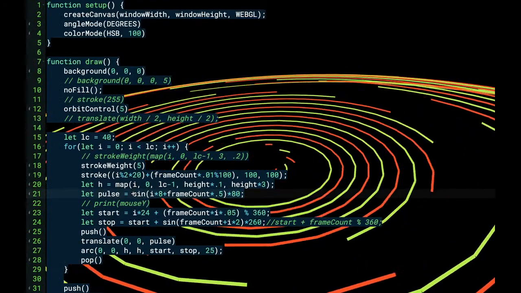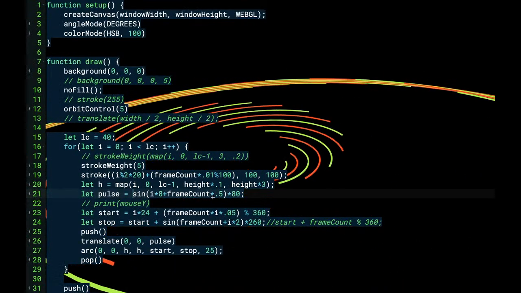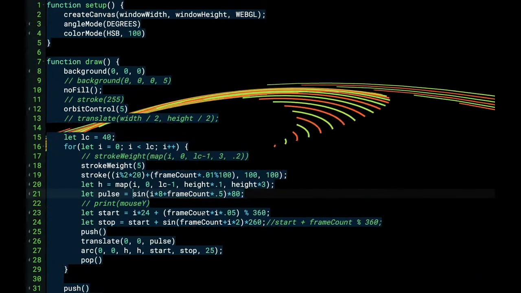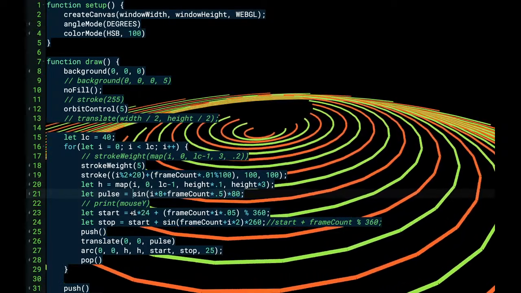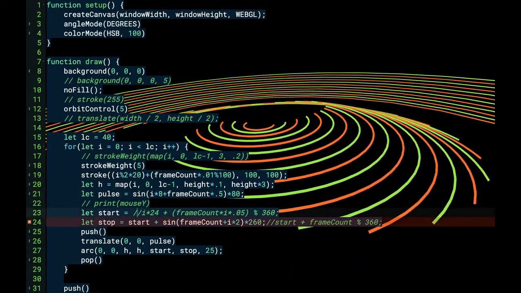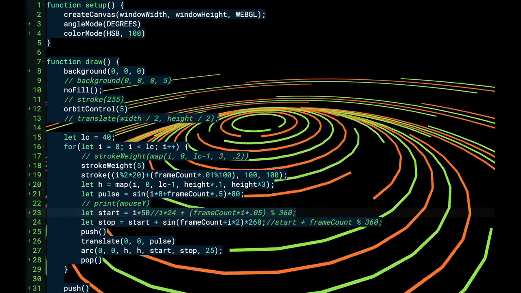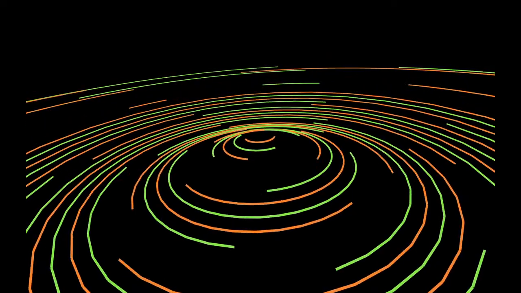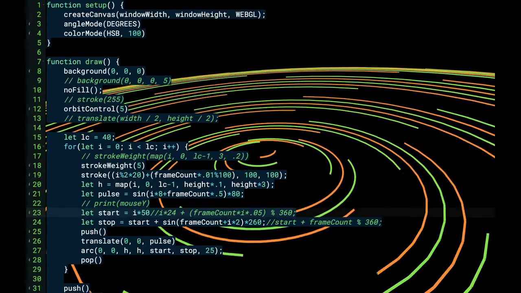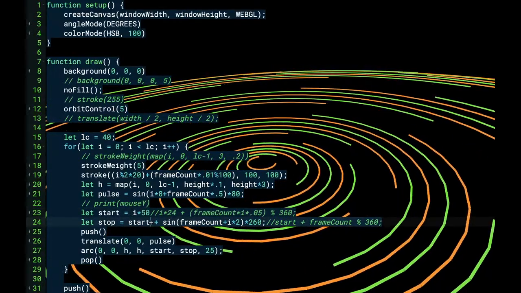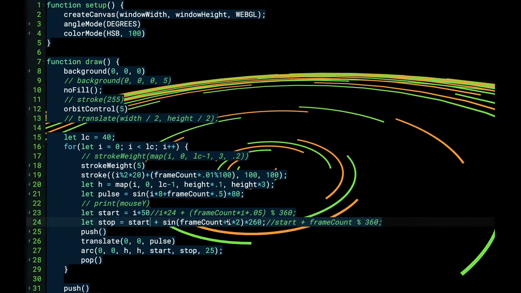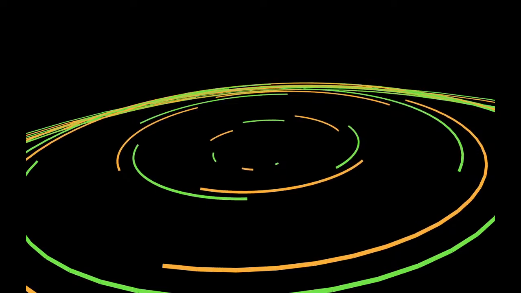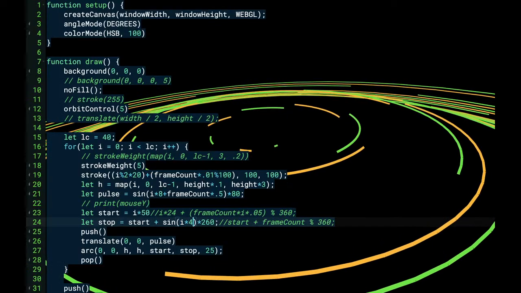Maybe I'll freeze the things for a little bit and see what this looks like when things aren't constantly moving around in motion. So that's them fixed on 1 degree. If I just got rid of the frame count, that's them fixed on that degree.